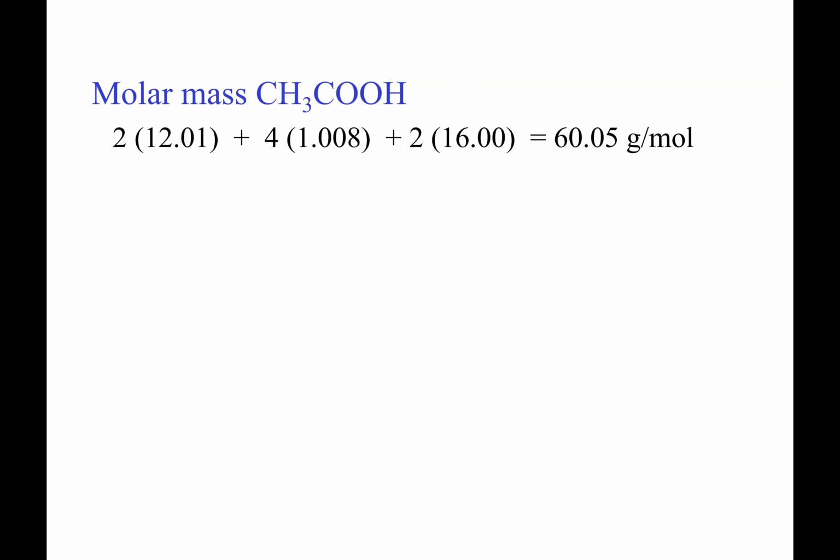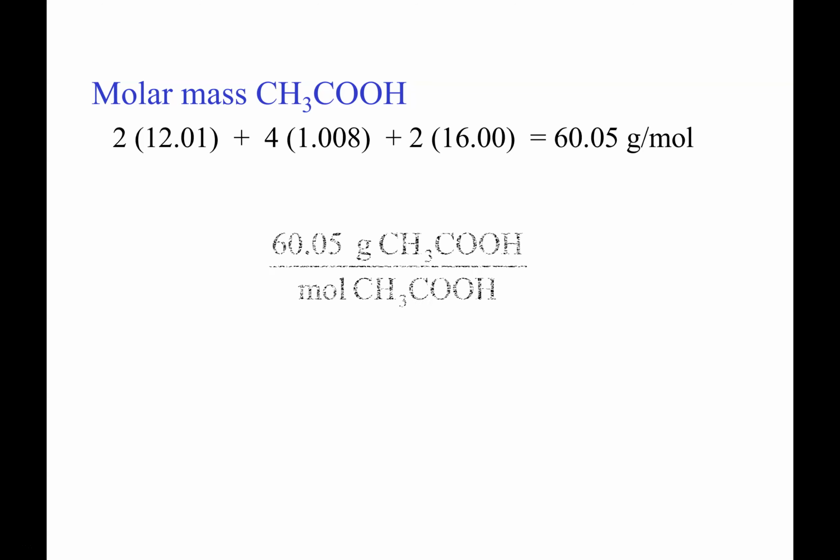And there are 2 oxygens, so we'll take 2 times 16.00. So now I can even go ahead and put the molar mass, then, is 60.05 grams per 1 mole. Specifically 60.05 grams of acetic acid per 1 mole of acetic acid. Cool. All right.